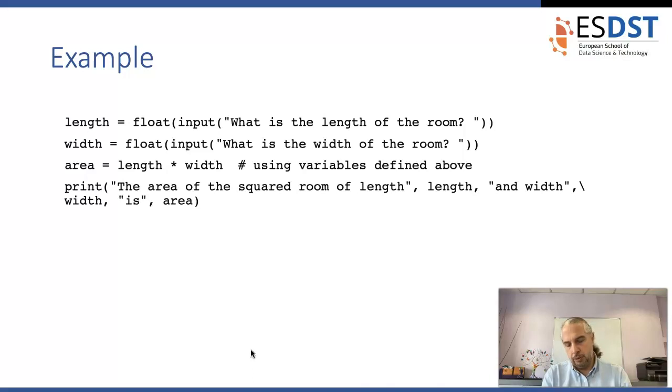You see I'm using float to convert the input into a floating point. I'm calculating the area as being the length times the width. And then I'm printing the result. The only new thing that you see here is this character, the escape character, the backslash. This is not required, but it helps me if I want to write on multiple lines. Because, for example, in this PowerPoint slide, if I was continuing with this comma area, I wouldn't be able to fit on the slide.